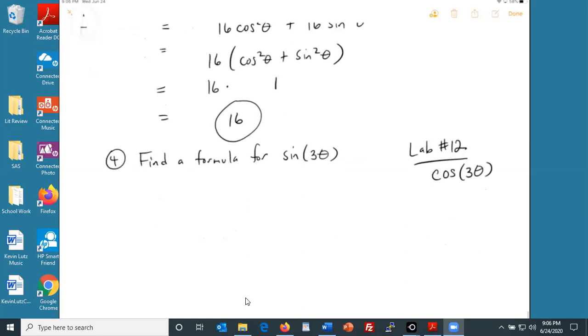So what you want to do is just set it up the same exact way. Terms might be a little different when you simplify it, but just do it the same exact way. Similar. So sine of 3 theta can be written as the sine of 2 theta plus 1 theta.